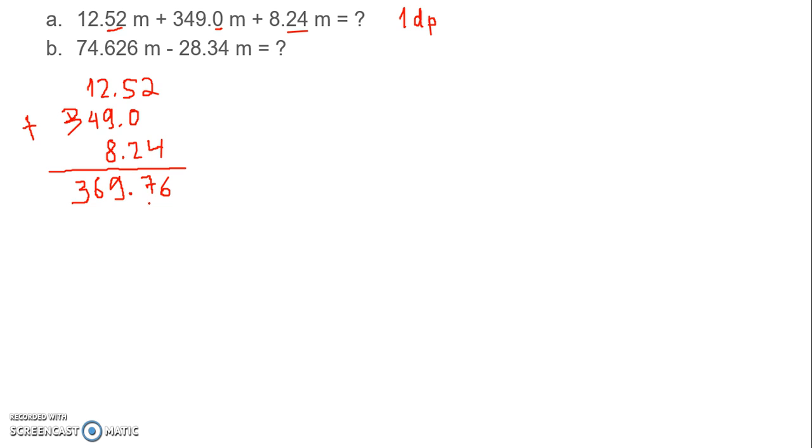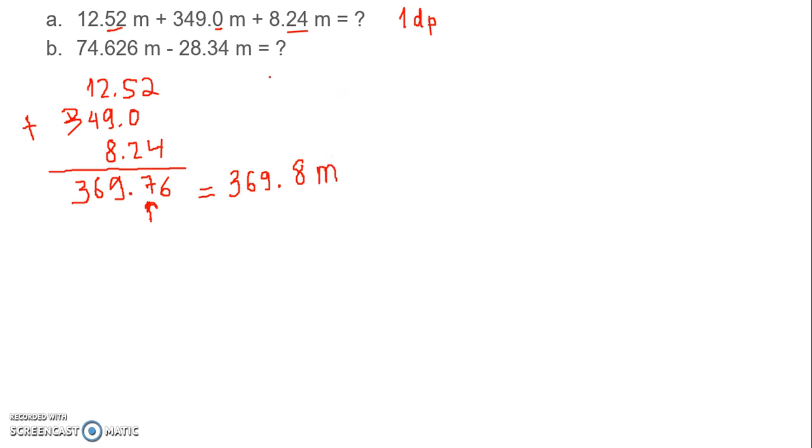However, you want to round to one decimal place, which is this number here, 6. Now if you look immediately to its right, that's the number 3, so... actually, 6 is greater than 5, so you would round this number up by 1, so you would have 369.8 meters.